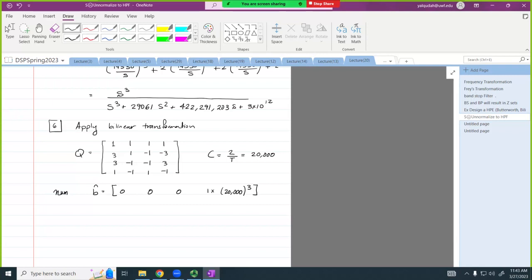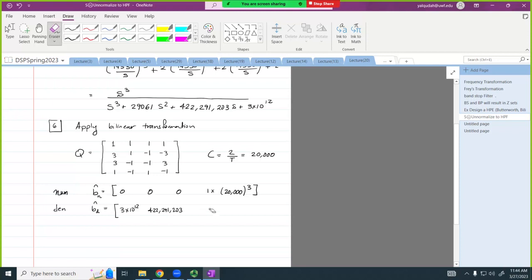Okay. So then we can calculate B hat for the denominator too. This is the denominator, and it is going to equal 3 times 10 to the 12, 4, 2, 2, 2, 9, 1, 2, 0, 3, 2, 9.